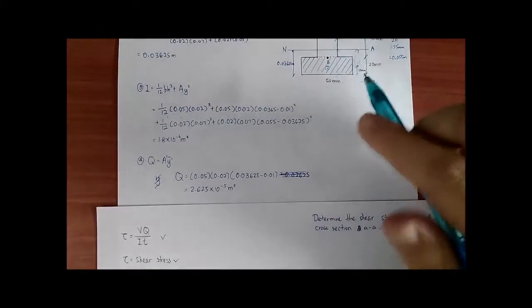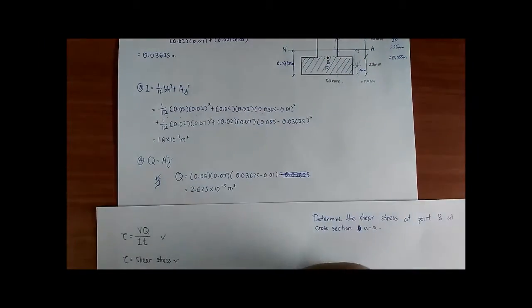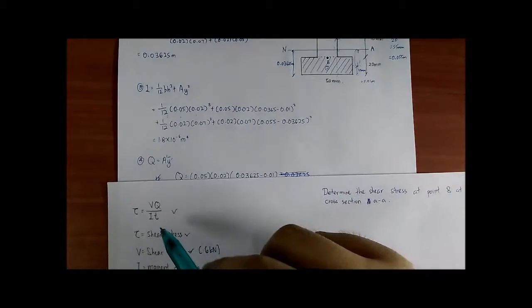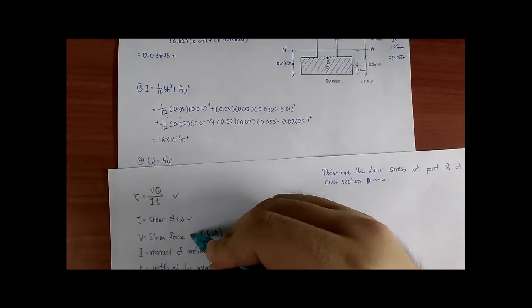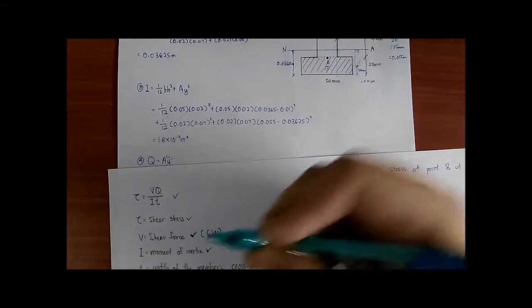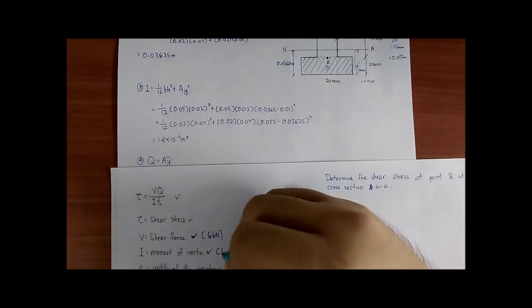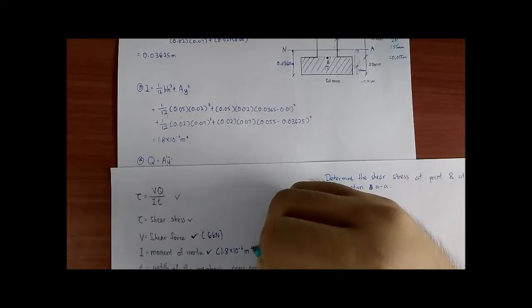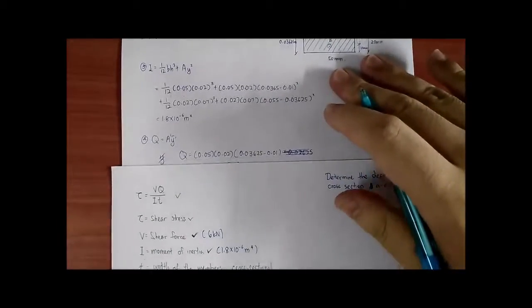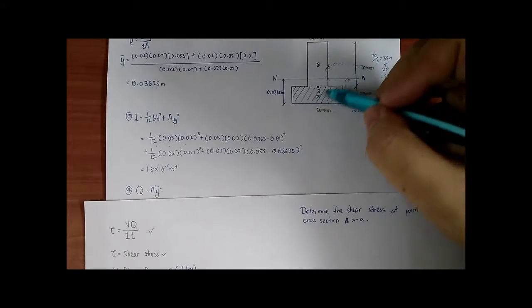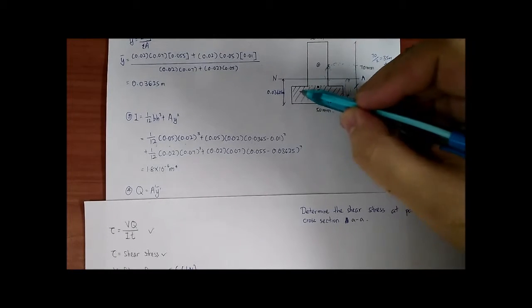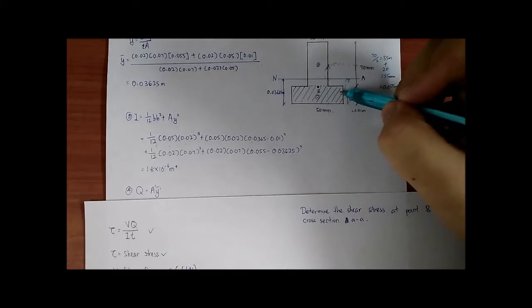The next one we need to calculate is the Q. We already have the moment of inertia and the shear force. The moment of inertia is 1.8 times 10 power of negative 6 meter power of 4. For Q, we need to calculate the area of this shaded region.